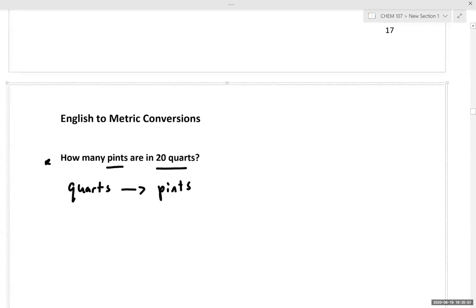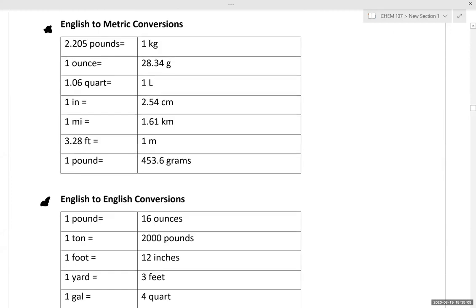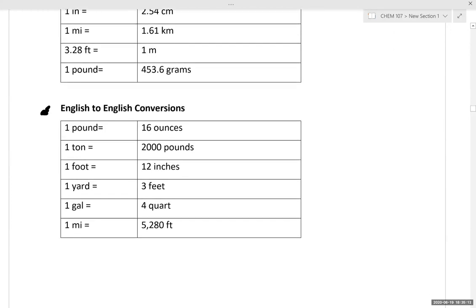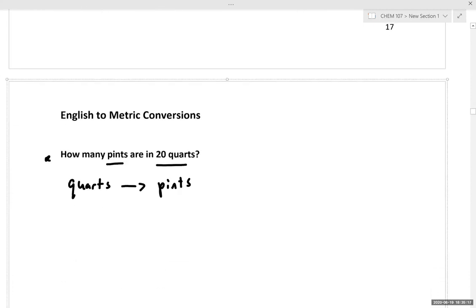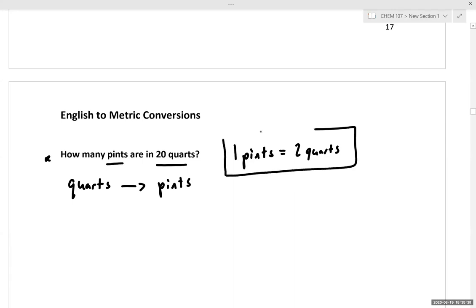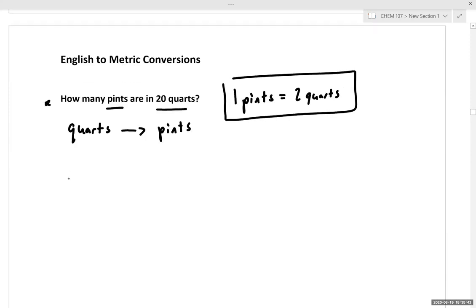Now, if we go to our English to metric or English to English conversions, we know, and this one's not in the table, so I'll provide it to you, that 1 pint is equal to 2 quarts. So just like before, now that we have our equality, we can use it to generate a conversion factor.